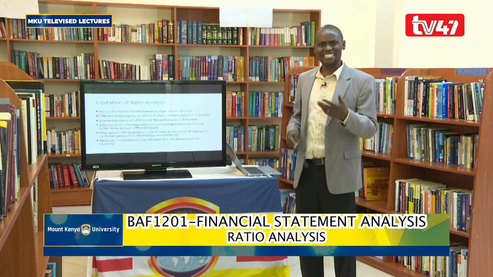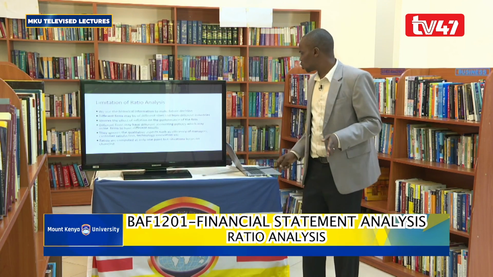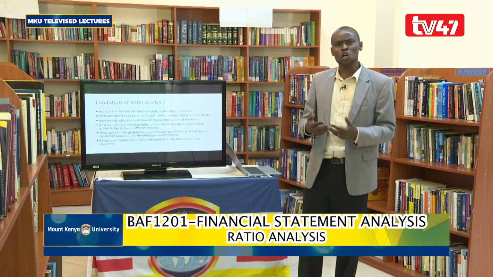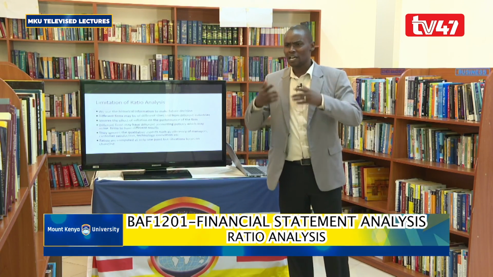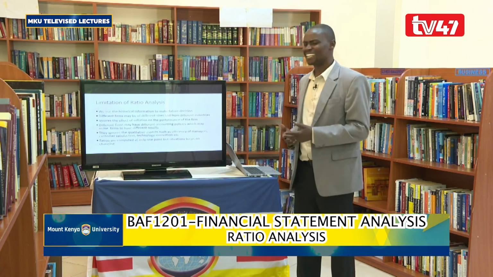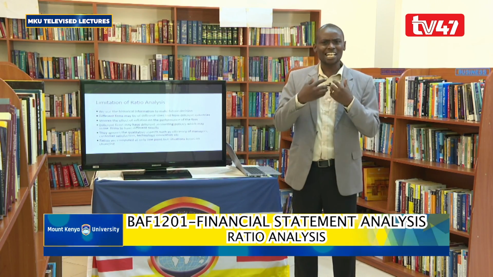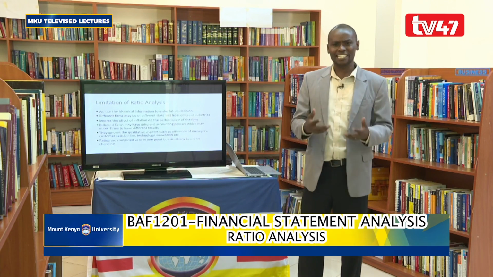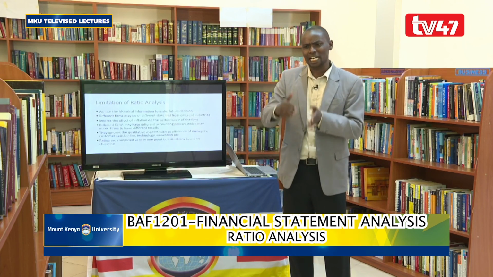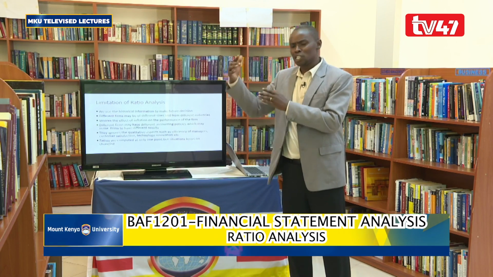So even as we analyze the ratios, we must know which ratio we are going to use at a particular instance. For instance, you may be asking yourself, when do you know whether to use the current ratio or liquidity ratio, or when to use the profitability ratio, or the other types of ratio? It all depends on the scenario. Probably in the case of financial institutions that are giving credit for a short period of time, they may decide to use liquidity ratio. You want to measure the capability of the business to pay within a certain given period of time.